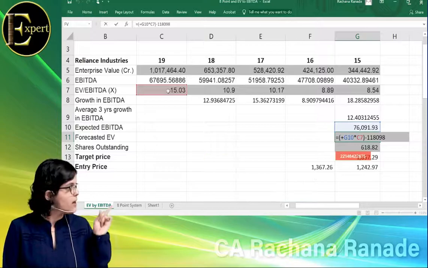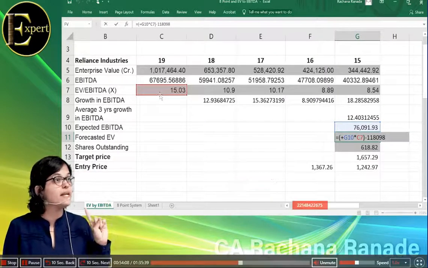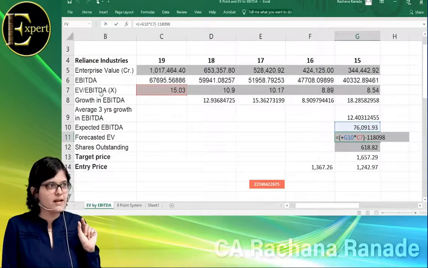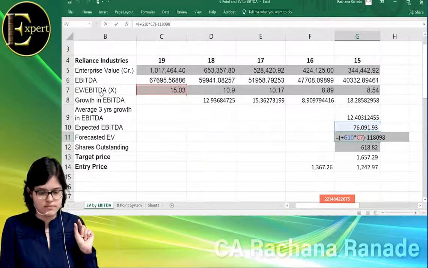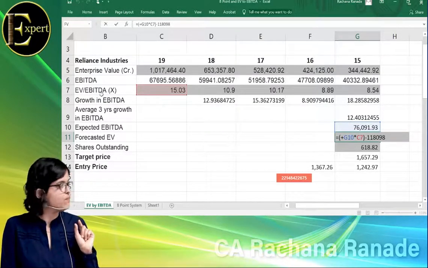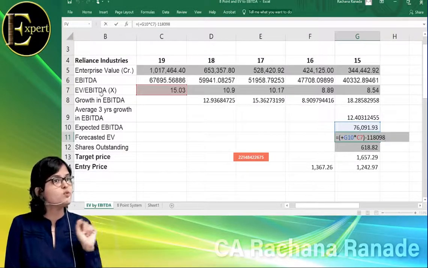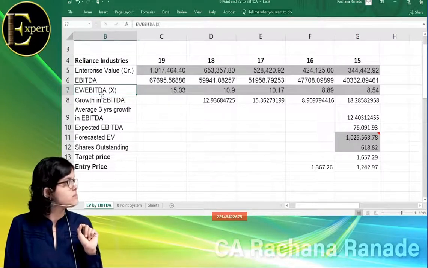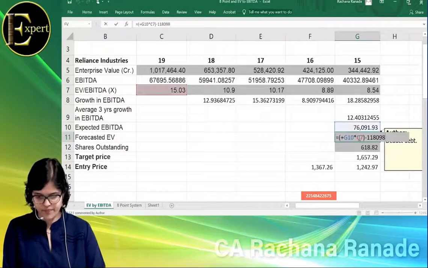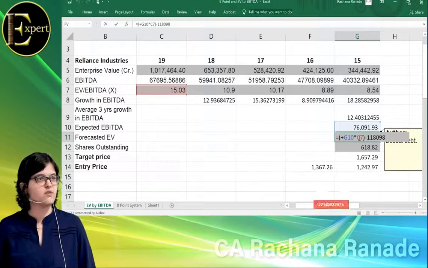This one, X. X of what? 2019, latest X. Latest X is latest EV by EBITDA. And minus what? Minus value of debt.